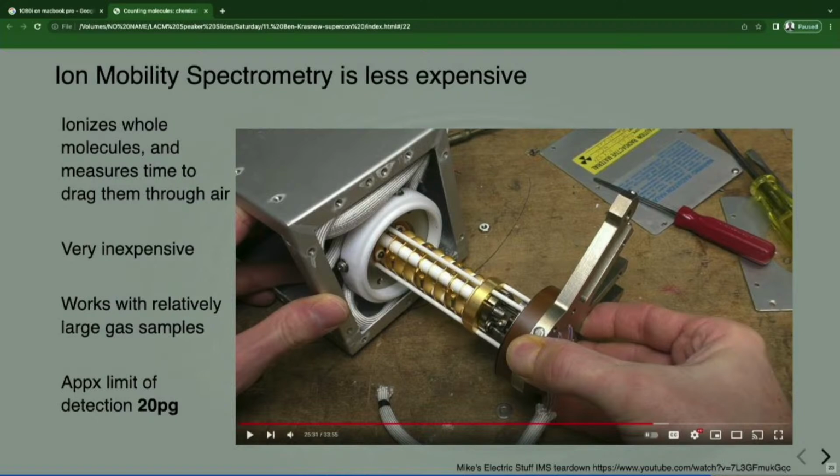An alternative to mass spectrometry is ion mobility spectrometry. The name is longer, but the cost is lower, and the complexity is lower too. Mike's Electric Stuff did a great teardown. You've probably actually seen an ion mobility spectrometer and not known it.